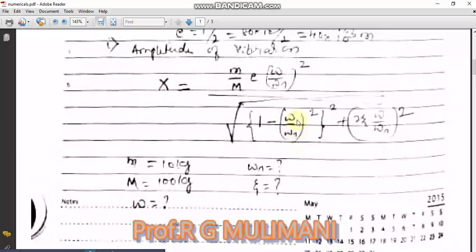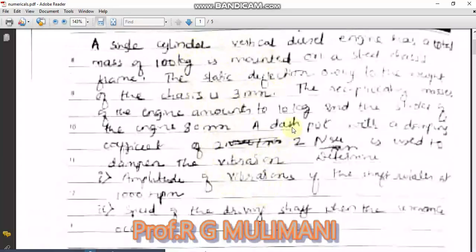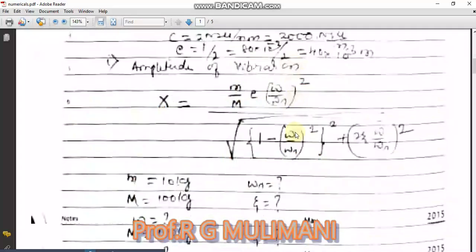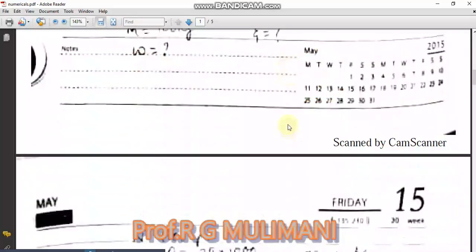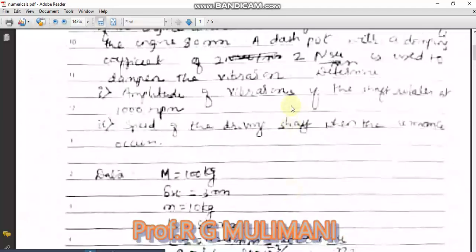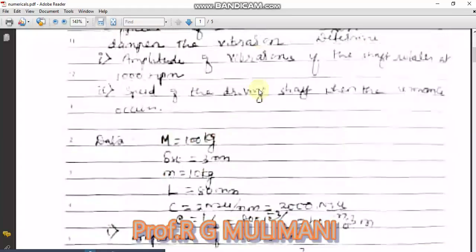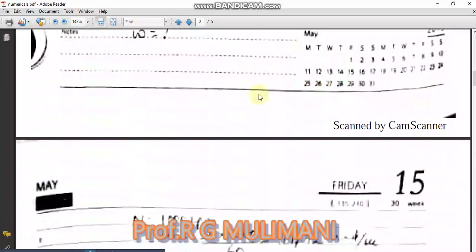And omega n, we already know that omega n equal to square root of k by m, where k is the spring stiffness and m is the total mass. We have total mass, but we don't have the information of spring stiffness. So let us find other methods to find the natural frequency, that is omega n. We know that when the machine is loaded, we have the information, there is a static deflection of 3 mm. Okay, when it is loaded the static deflection is 3 mm.